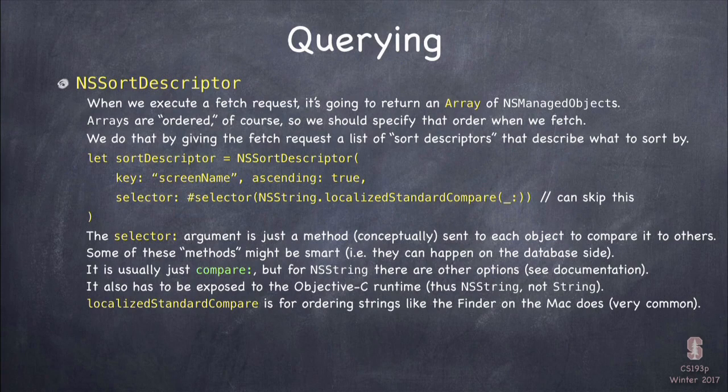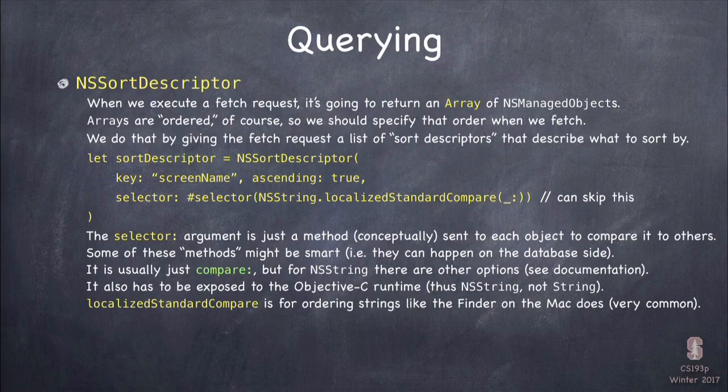Now, one other thing about this is that some of these methods are special in that they do the compare on the database side. Okay? It's using SQL to do it. It's not actually bringing all the data over, calling this method on every string and doing some kind of quick sort. It's using super powerful sorting mechanisms that are built into an SQL database.